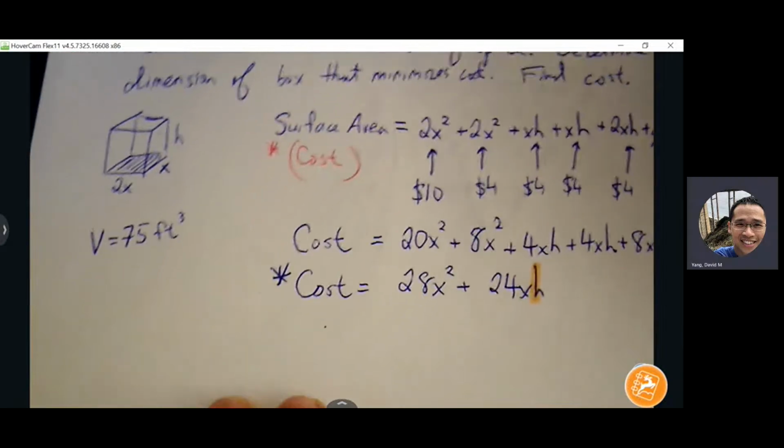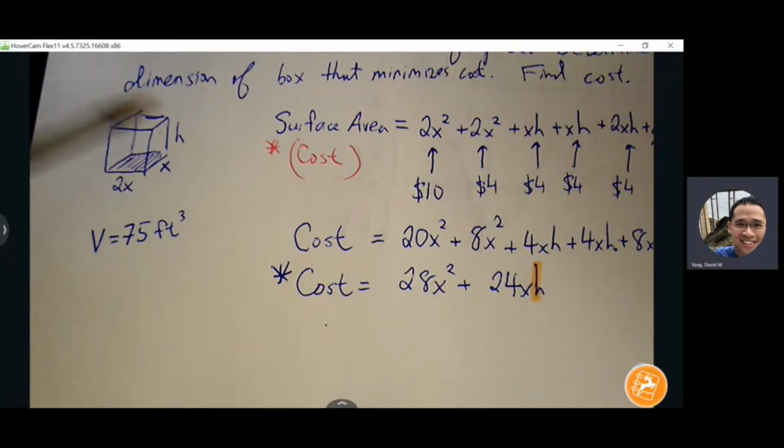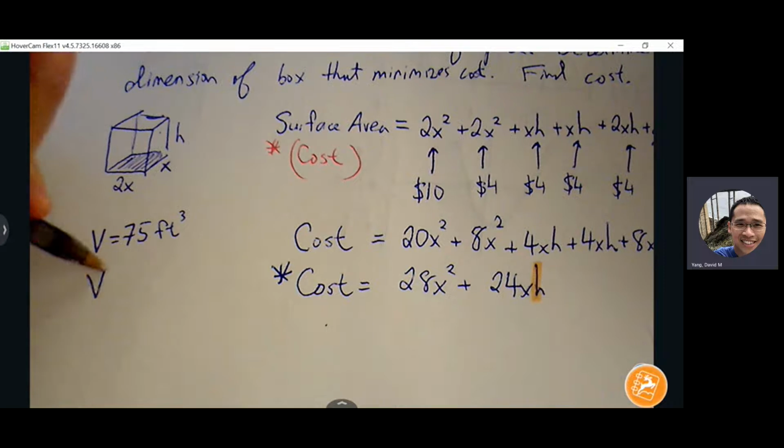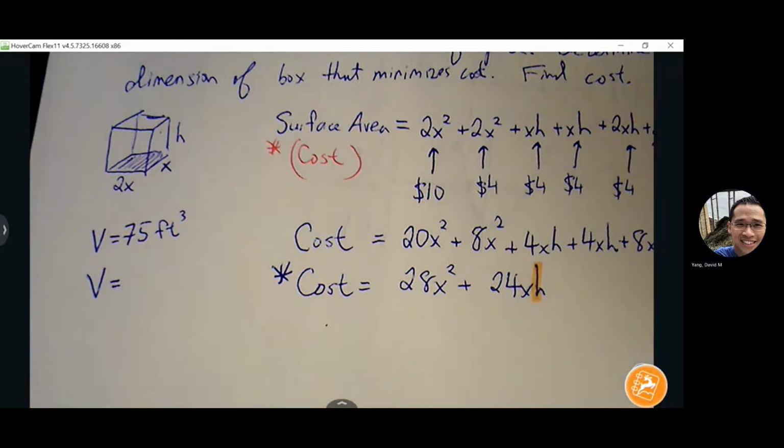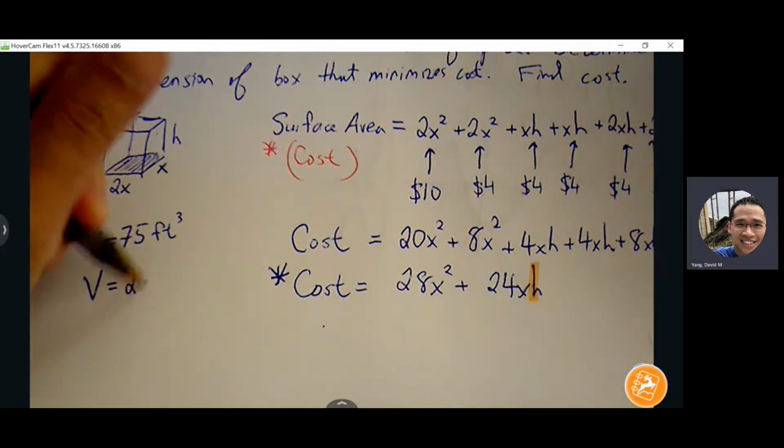But we need a formula for the volume of this box. What's the volume formula for this box? Base times height. So it would be base 2x, so 2x squared times h.